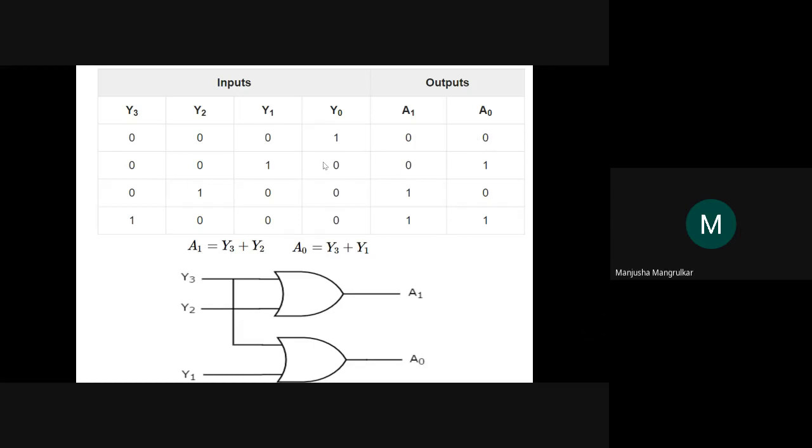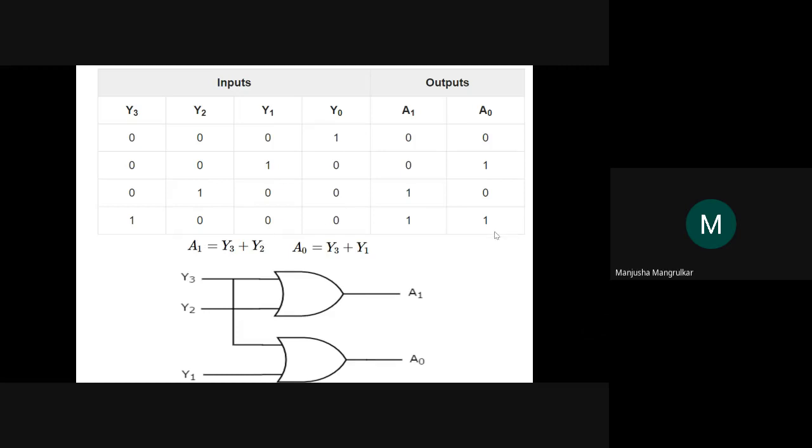If y1 is 1, then a1 and a0 are 0, 1. Suppose y2 is 1. Here those that are highlighted are set to 1, and the rest are all set to 0. If y2 is 1, the output is 1 0, and if y3 is 1, the output is 1 1.